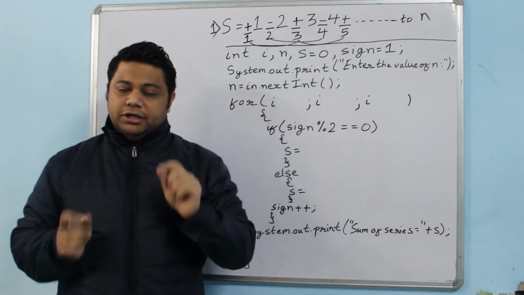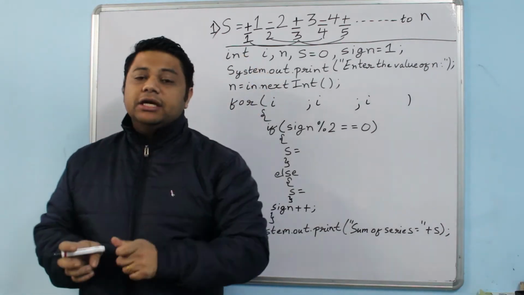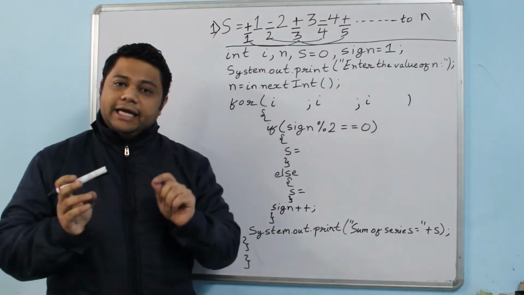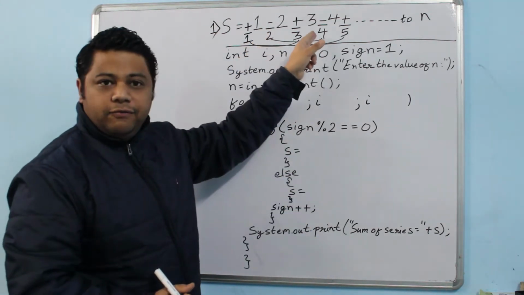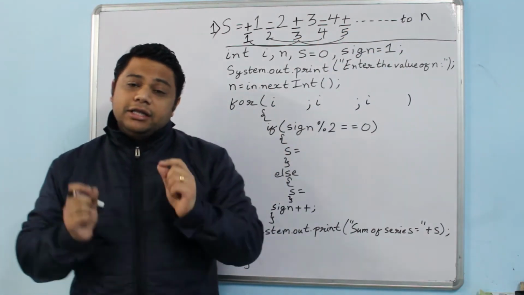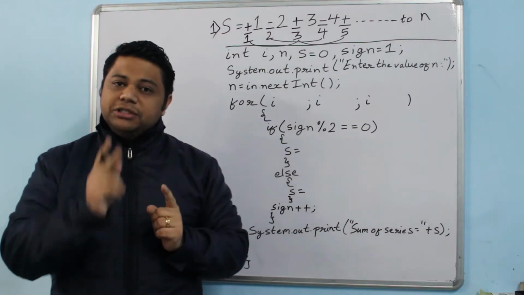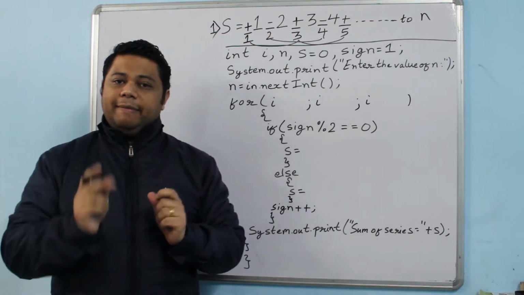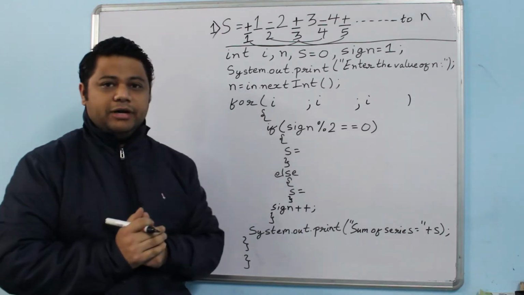I'm talking about the position, not the value. The positions of the plus sign are 1, 3, 5. So whenever the position is odd, it has to add. And if you look at minus, we have 2 and 4, and it will be 6 and 8 and so on. So whenever the position is even, we have to use minus. So we'll use the even and odd number program. I hope you have done that using the if-else statement. So that logic we are going to use in this program.